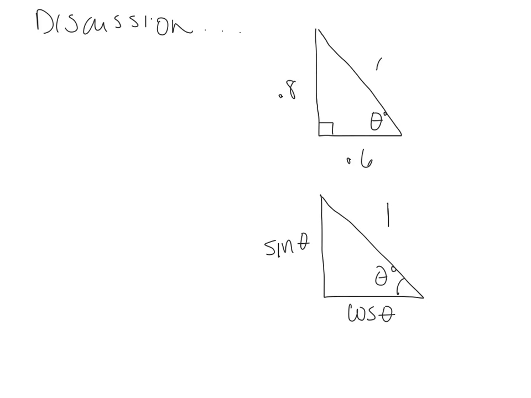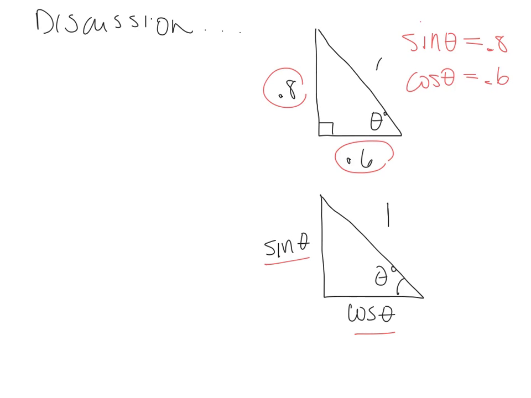So sine theta equals 0.8, and cosine theta equals 0.6. I'm just substituting: instead of 0.6, I'm writing cosine theta, and instead of 0.8, I'm writing sine theta.